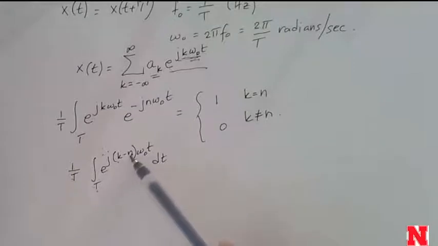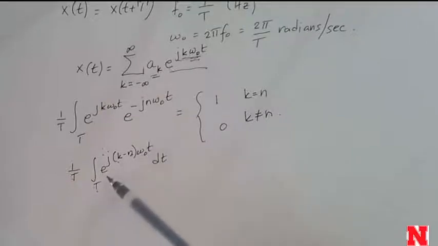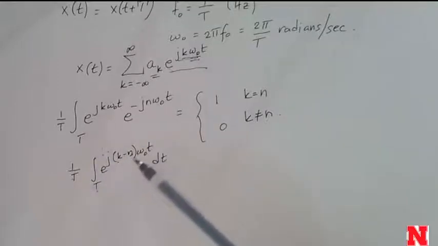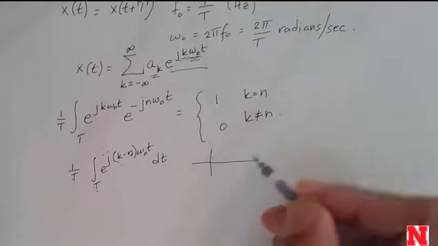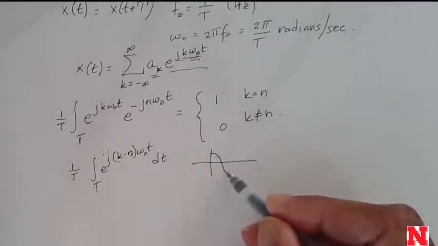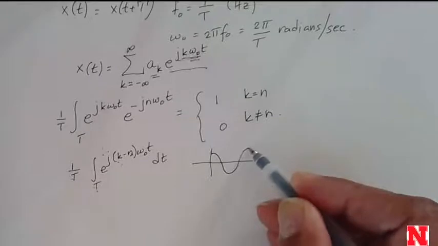If k is not equal to n, then I'll have cosine of k minus n omega naught t, and sine of k minus n omega naught t, and I'll be integrating over one period, 0 to capital T, which, depending on the value of k minus n, might be several periods of the cosine and sine. And if you think about it, if I integrate cosine or sine over one period, here's a cosine.